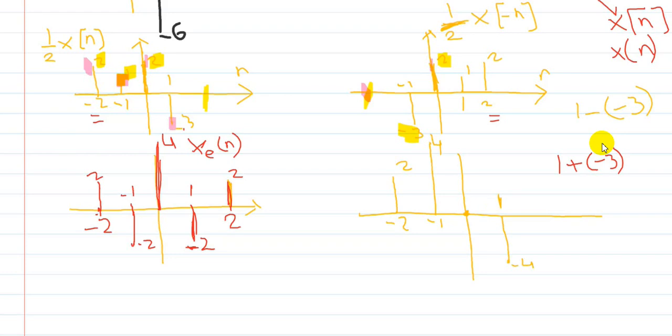Next, at 2, which is 0 minus 2, will give me minus 2. So the signal here will be minus 2 at 2. And this signal is xo of n, and this is your n here.